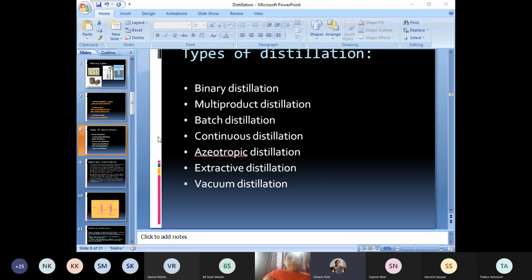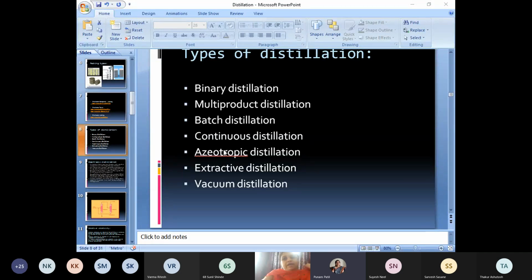For example, this is column C1 and this is another column in series with that, which is C2. So to the C1 column, the feed added is A plus B. So this feed contains A and B components. Suppose this is ethanol 95.6% and water 4.4%. So this feed forms the azeotrope.